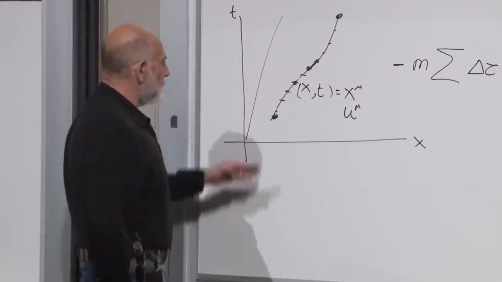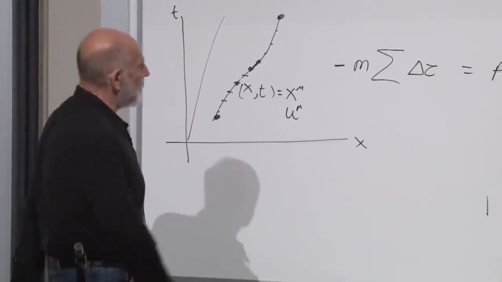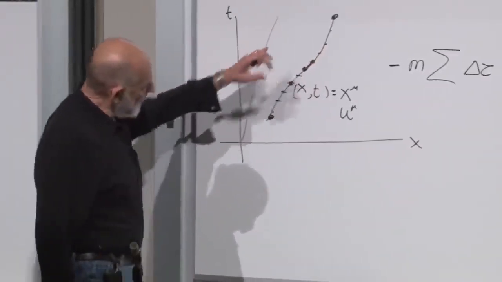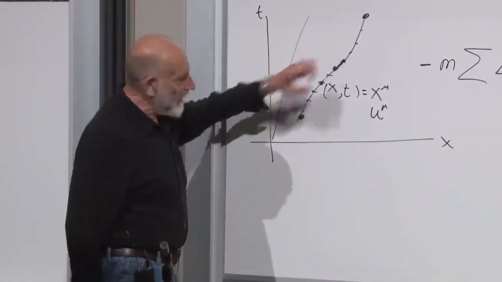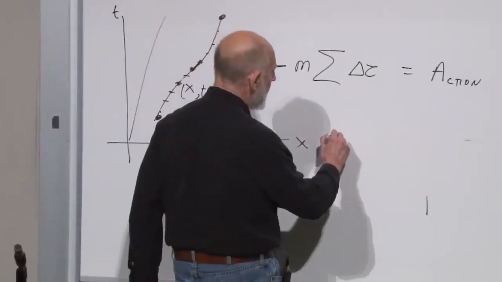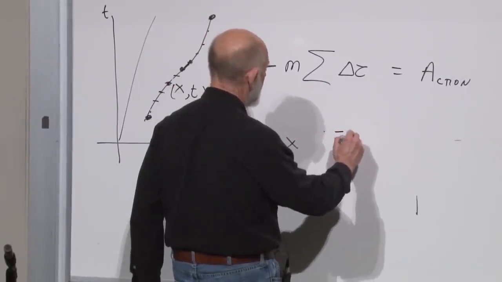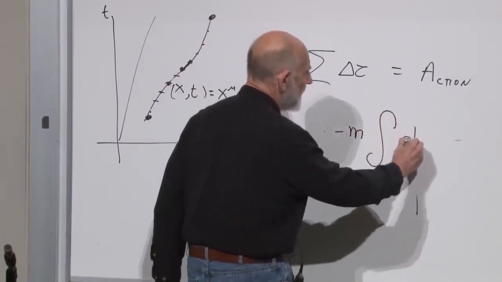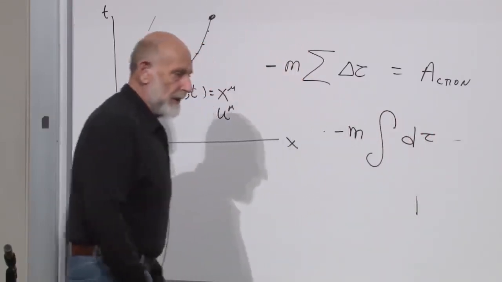That's the principle of least action. But before we do that, let's convert this to an integral. Let's convert this by taking the limit in which these finite differences here are replaced by differentials. So this will become then minus m times the integral of d tau along the trajectory.